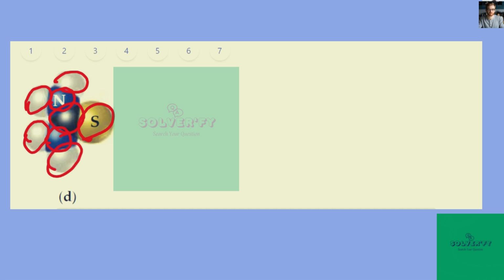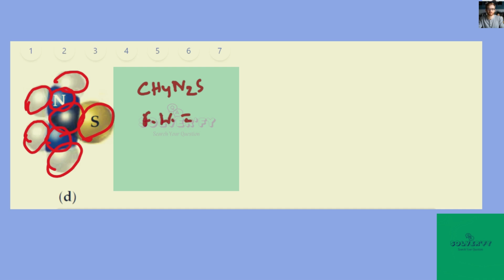So the formula we can write is CH4N2S. So this is the formula of the compound represented by this model.